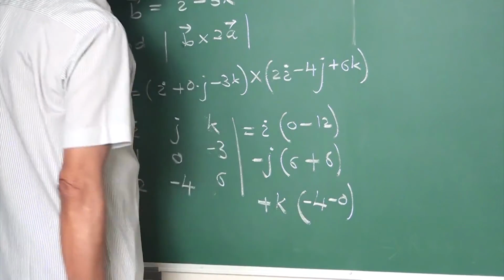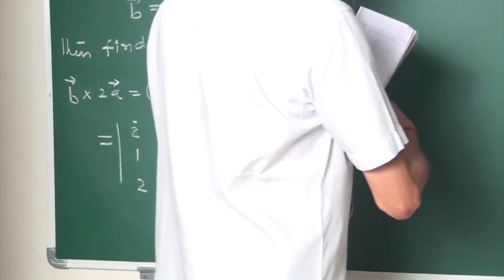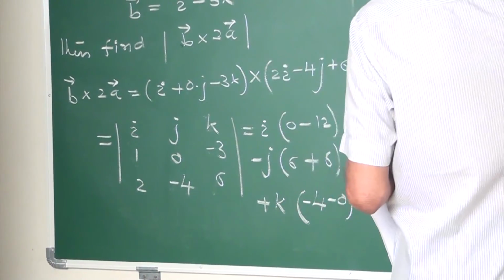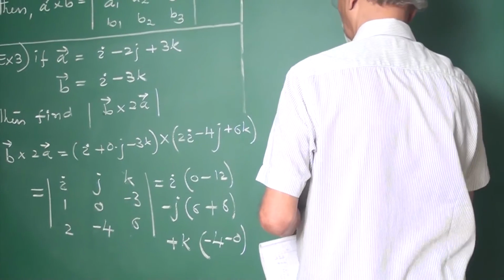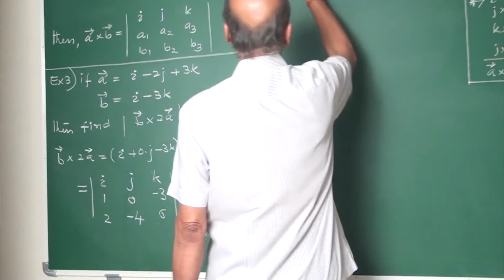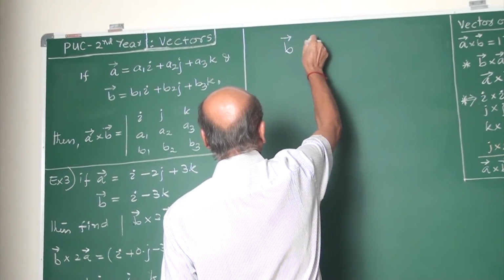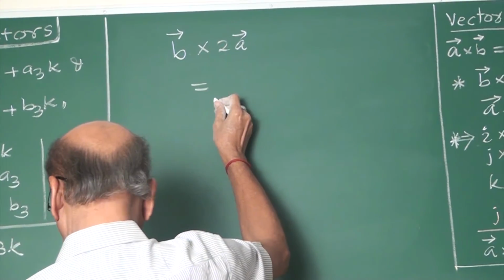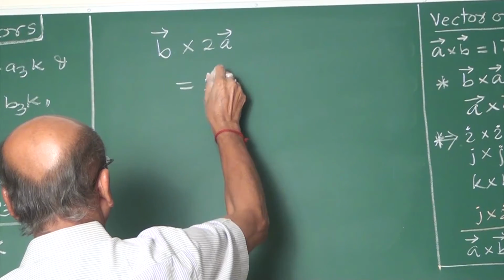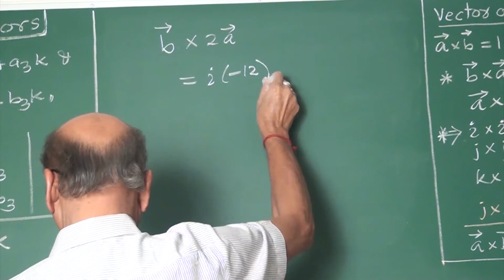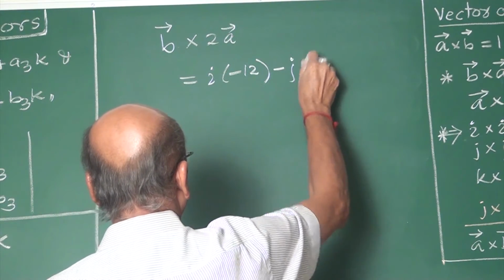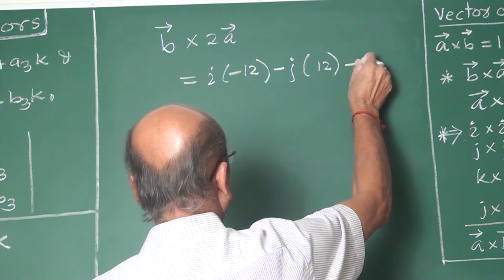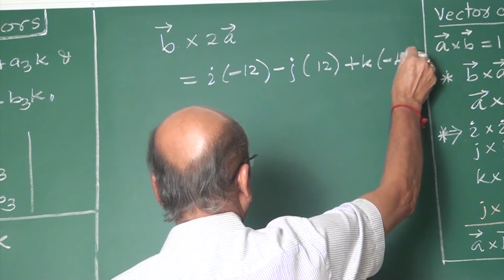Therefore B cross 2A equals i into minus 12, minus j into 12, plus k into minus 4.